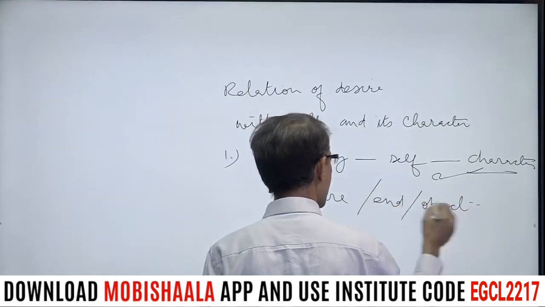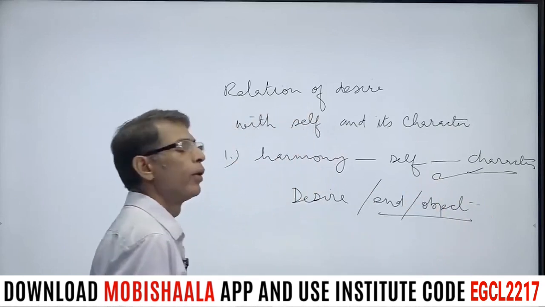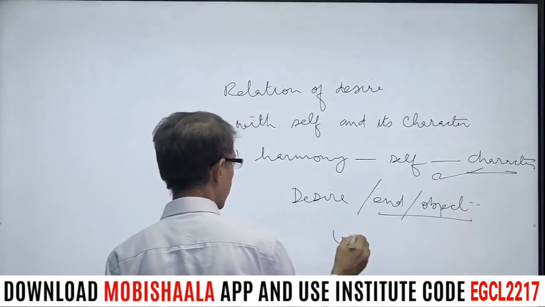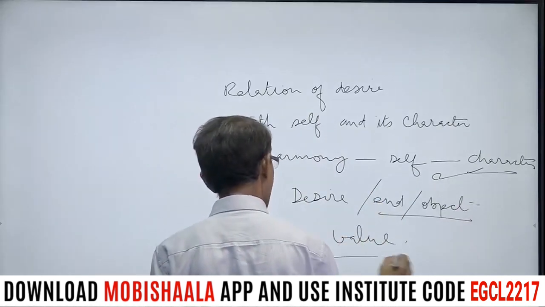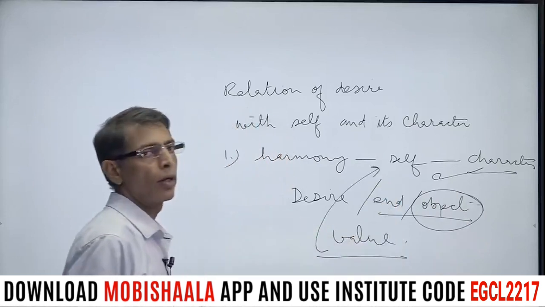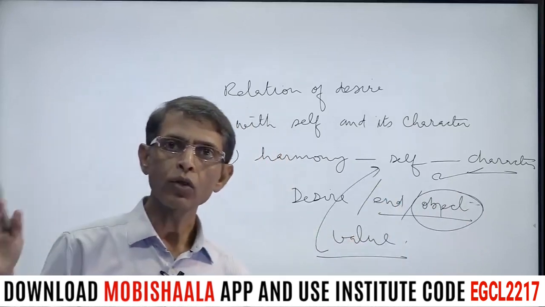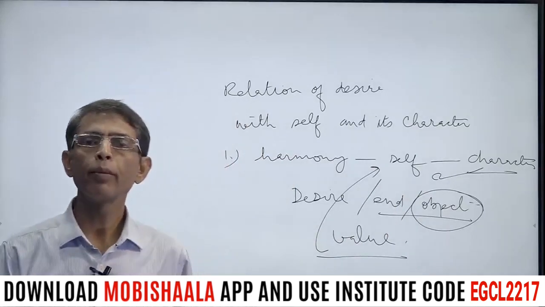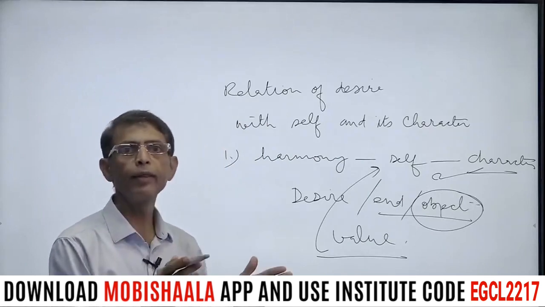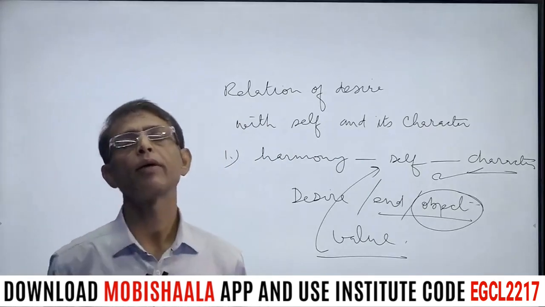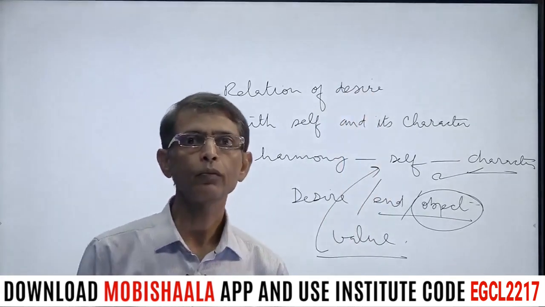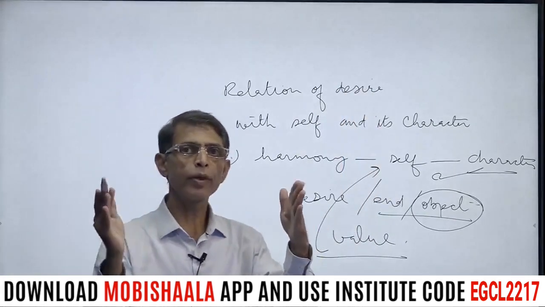If it has no significance or value for the self, then there will be no desire. And so this object or this motive must be in harmony with the self, with its character, whether you call it the self or its character. There must be a harmony between both of them.